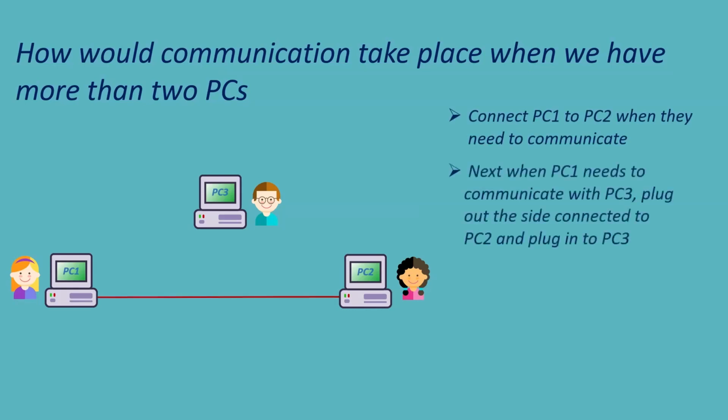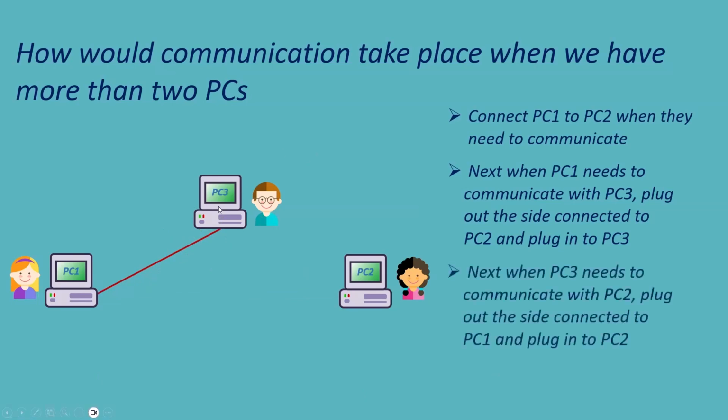But then when PC1 needs to communicate with PC3, what we can do is take out this end of the wire and plug it into PC3, like this. But then if PC3 needs to talk to PC2, we can again do a similar exercise, take out this end of the cable and plug it into PC2. And that will again work for PC3 to PC2.